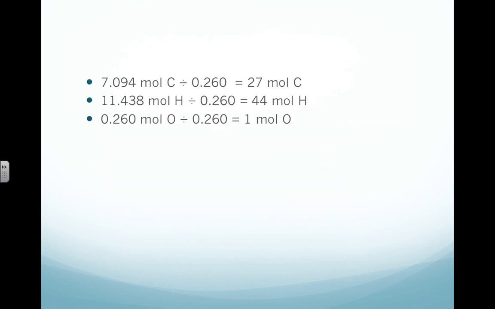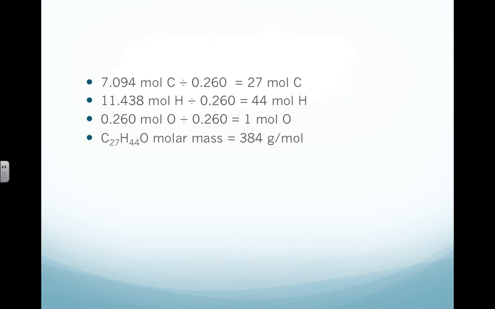Okay, and when we do that, and this is a big molecule, we get 27 carbon, 44 hydrogen, 1 oxygen. So we don't have to multiply those numbers by a factor because they're all whole numbers. And the empirical formula for vitamin D is C27H44O.